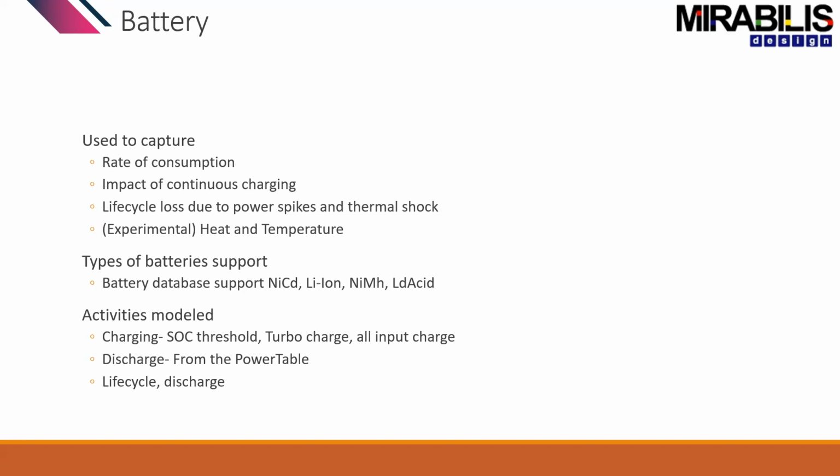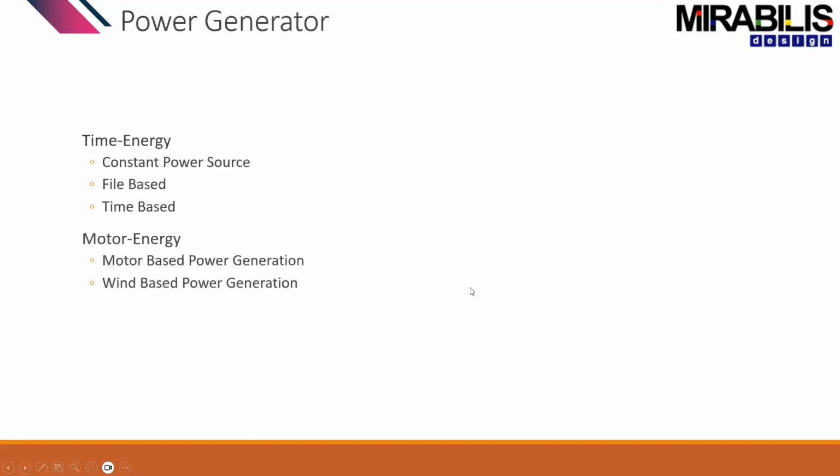Now remember, this is integrated into your performance and your power model because the state changes the power consumed, where all the devices are going to be extracting power from this. So the consumption is from here, but you also have an input that is doing the continuous charging. We do support a variety of pre-existing batteries in our database. That's already there. Now, in addition to that, we also have power generators.